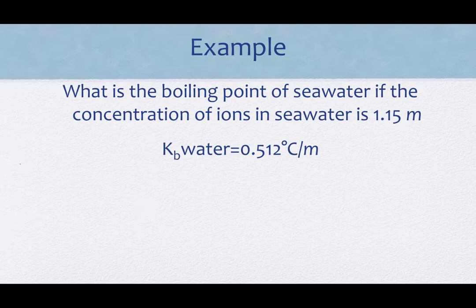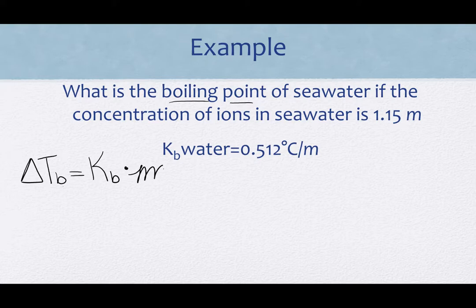So our formula thus far, and again, we're going to add another variable in just a moment, but we'll rock it with what we know right now. So the change in temperature of boiling, so it's asking about boiling point, is boiling point elevation constant times the molality. Okay. This problem is a straightforward plug and chug as it gave us the molality.